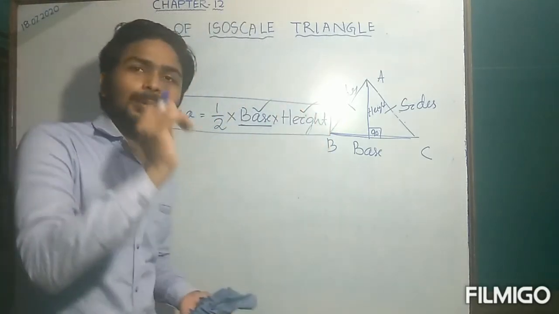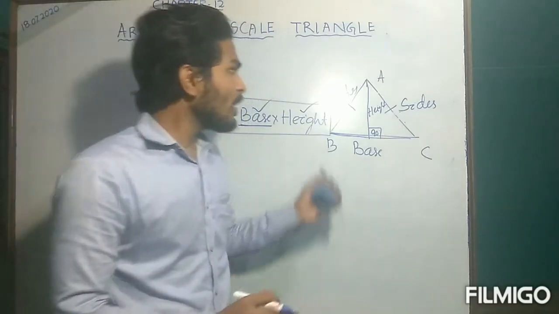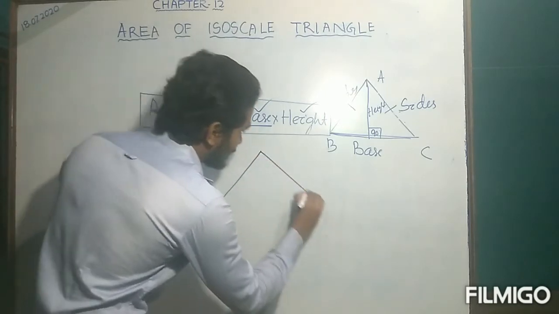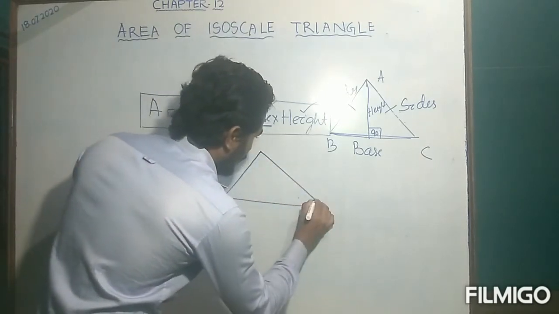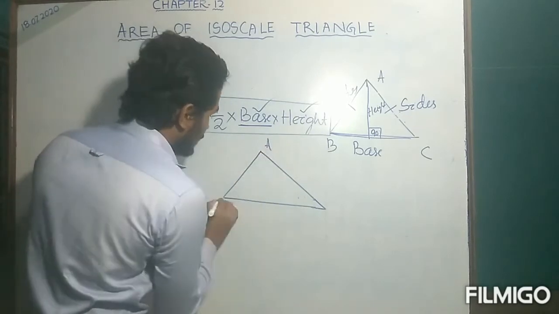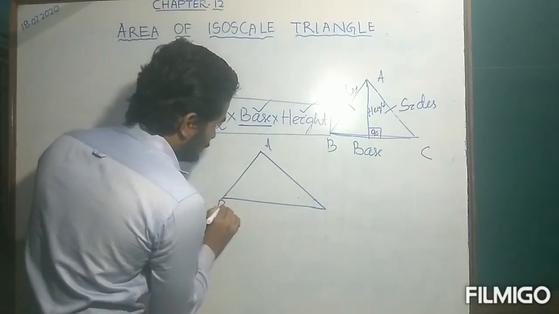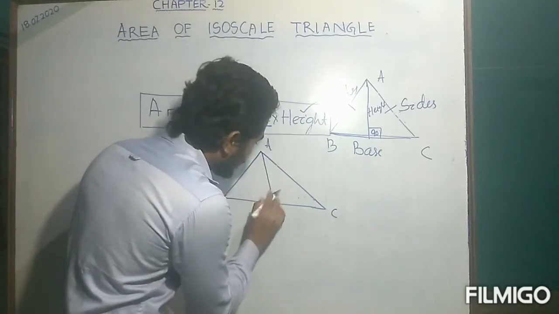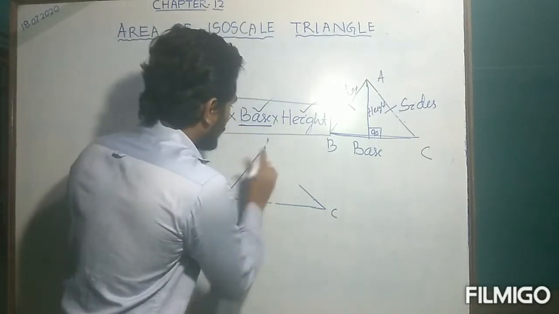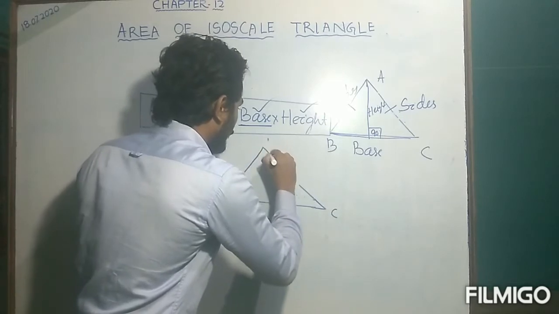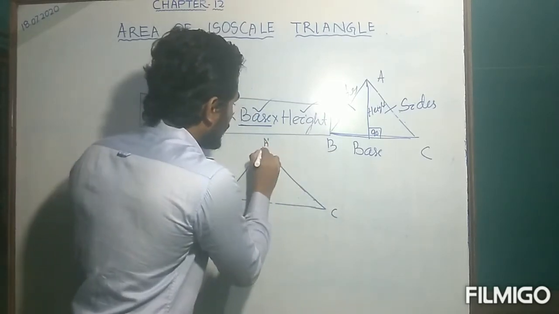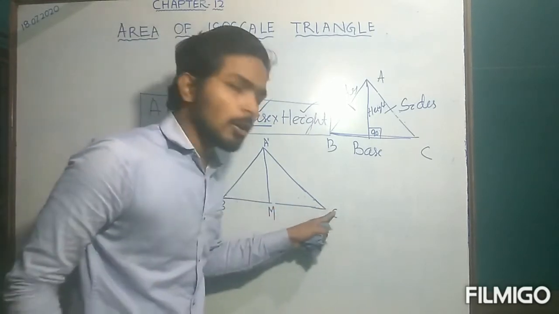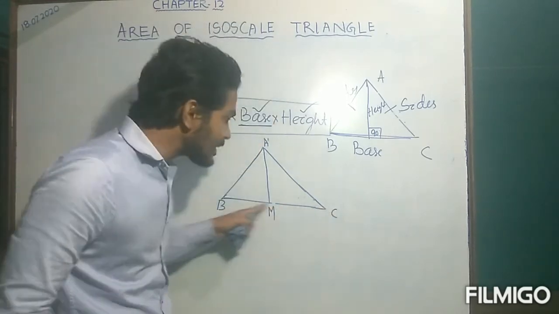One more thing you have to keep in mind, that for an isosceles triangle like this, the height always divides or bisects the base.